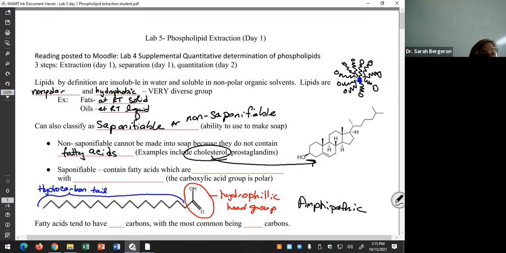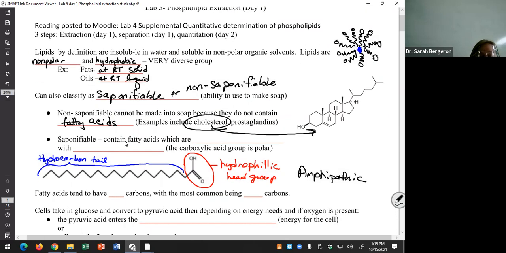But the ones that can turn into soap and wash away your dirt particles do contain fatty acids. These fatty acids have a long chain hydrocarbon tail. And what's inside of this hydrophilic head group?